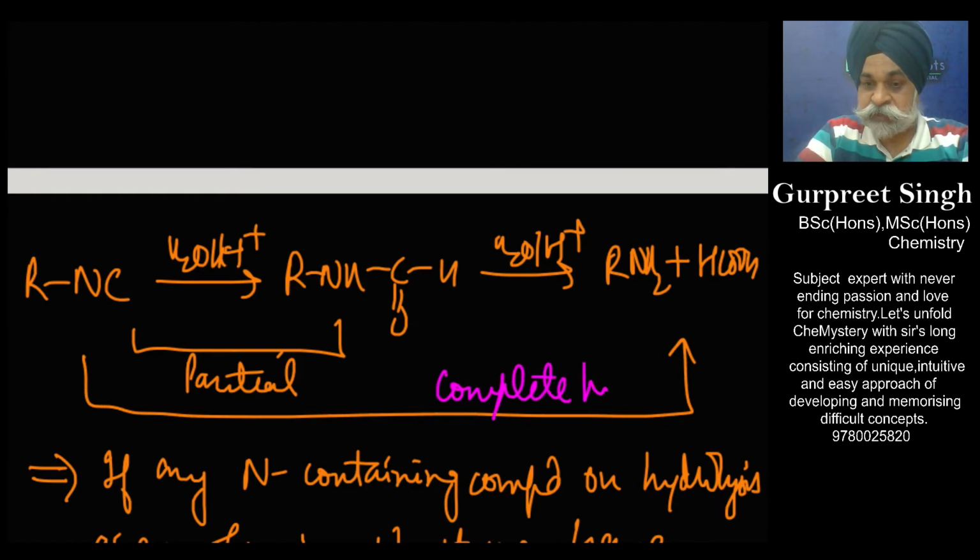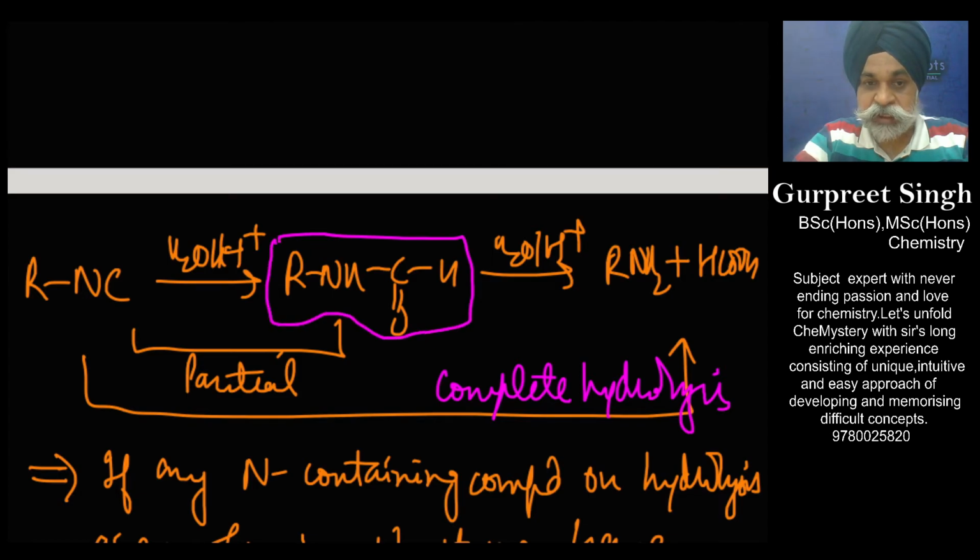Most of the time we do the complete hydrolysis, but if the examiner places a question where this is formed in between during any reaction, and some reaction is to be done from this side, then you have to take the partial. Otherwise we generally take the complete hydrolysis.